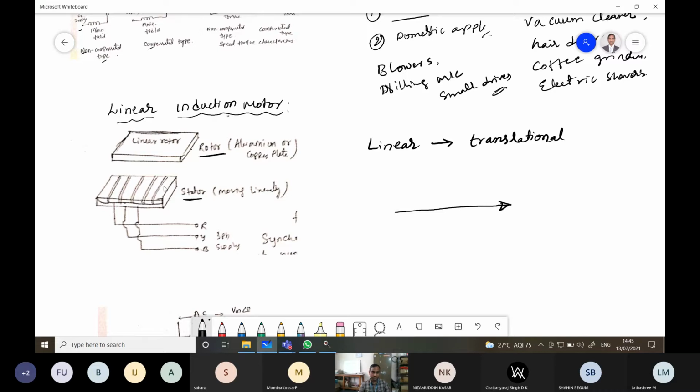It is not a rotational surface; it is made as a flat surface. Then it forms a linear induction motor.